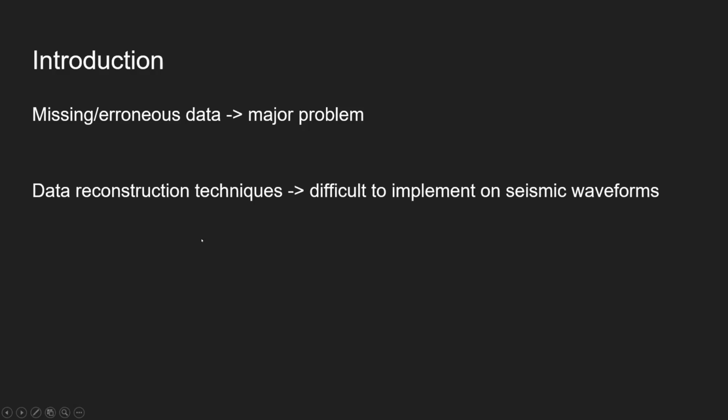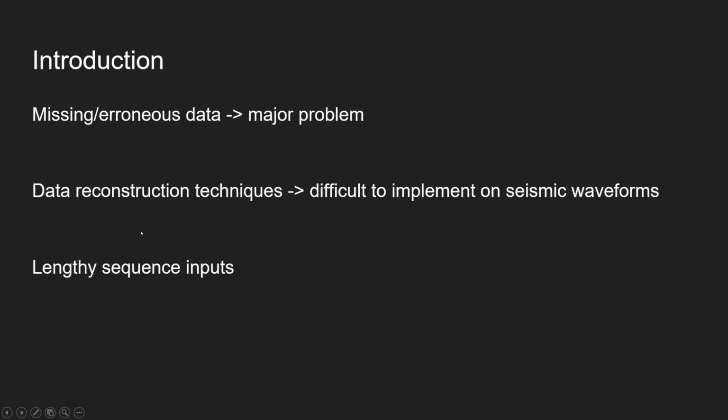So in the introduction, I would like to mention first, the major problem is that missing elements or erroneous data points in a data set is a very major problem. And the reconstruction techniques which are readily available are difficult to implement on seismic waveforms due to very lengthy sequential inputs and many other reasons as well.